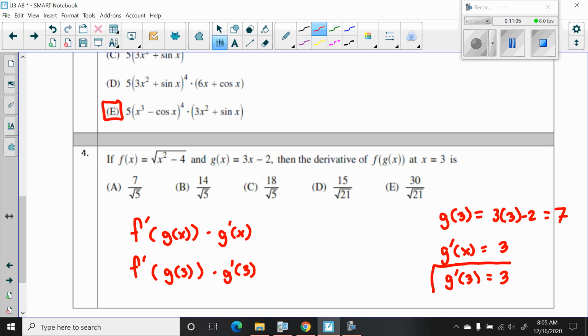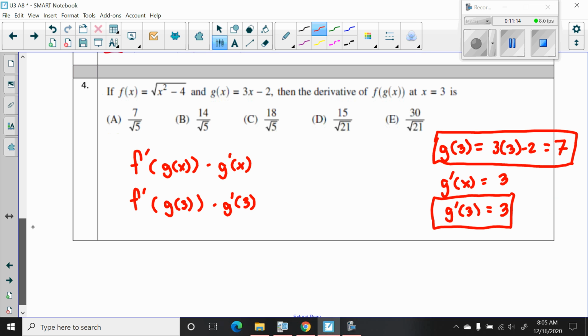All right, so we got that value. We're going to need it. We've got that value 7. We're going to need it. We need the derivative of f of x. So f of x is equal to x squared minus 4 to the 1/2 power.